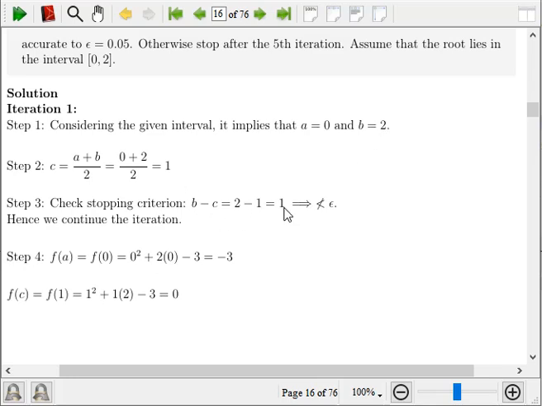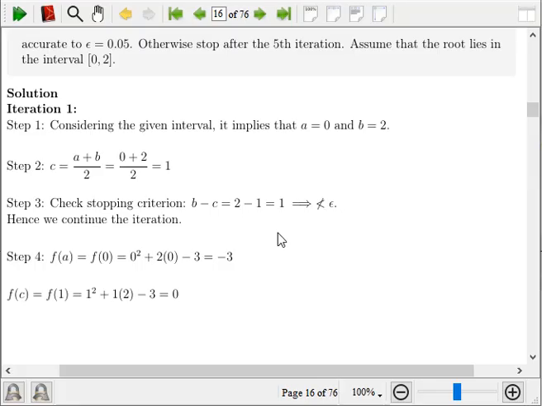So we have 1, and this 1 is not less than epsilon. Epsilon is 0.05. Hence, we cannot stop the iteration here.